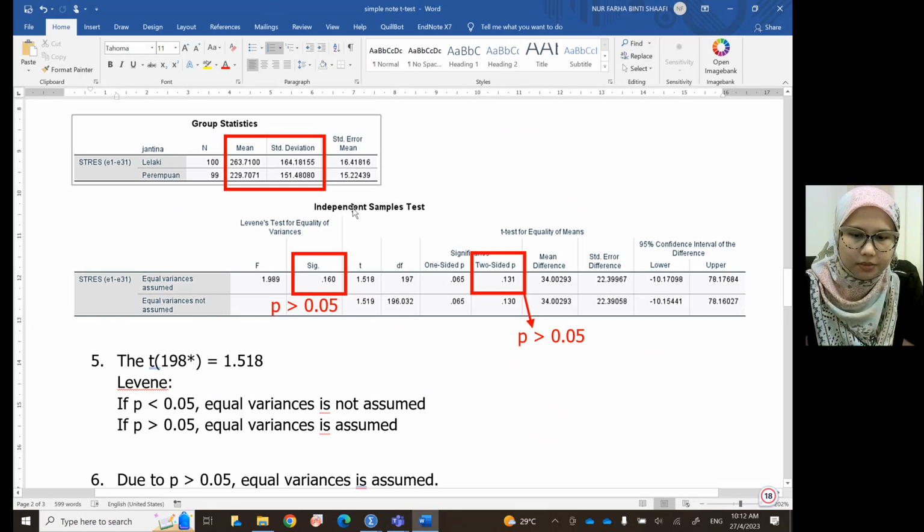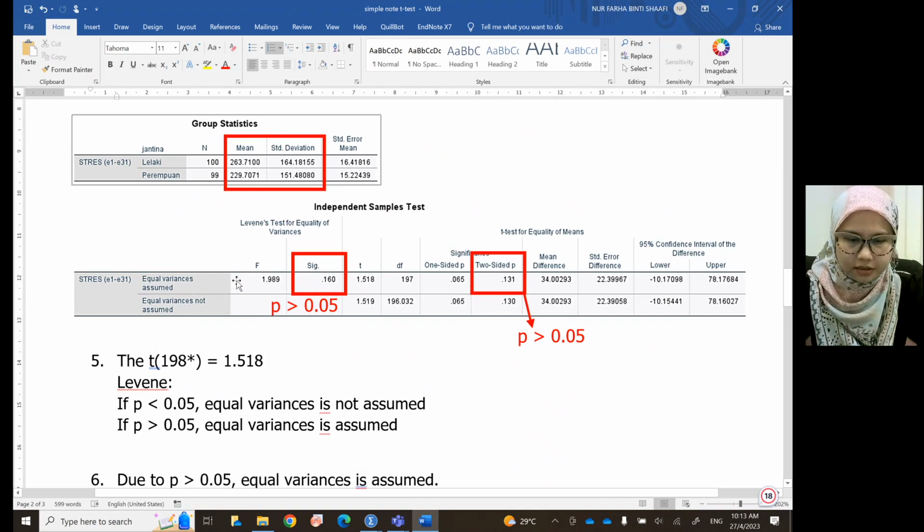So how to read this independent sample t-test? First, you need to look under Levene's test. Whether you look at the value at equal variance assumed or equal variance not assumed depends on your Levene's test value.